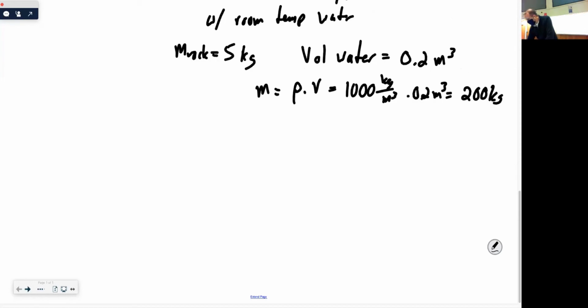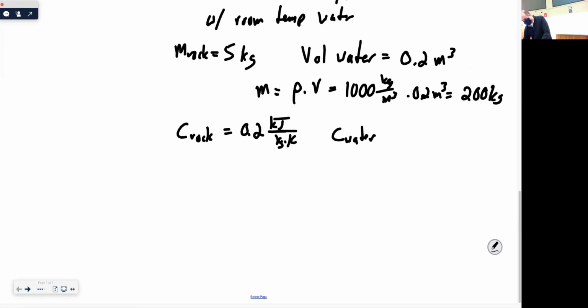Some other data that we might need to know: C of the rock, the specific heat of rock, is 0.2 kilojoules per kilogram Kelvin for typical silicate kinds of rocks. We know that C of the water is the heat capacity of water, 4.2 kilojoules per kilogram Kelvin. So this is another point where we're going to have a hard time heating this water up.